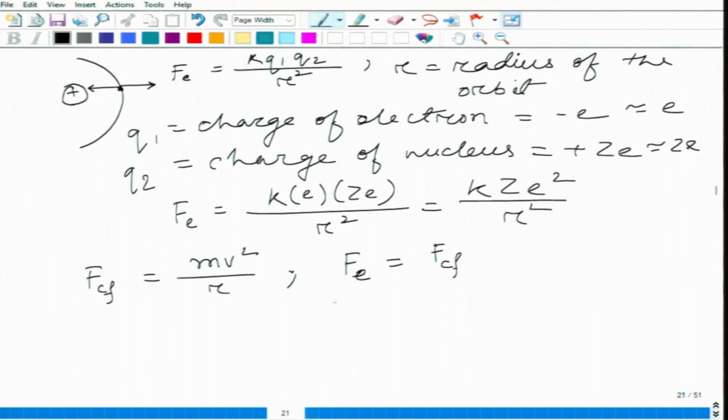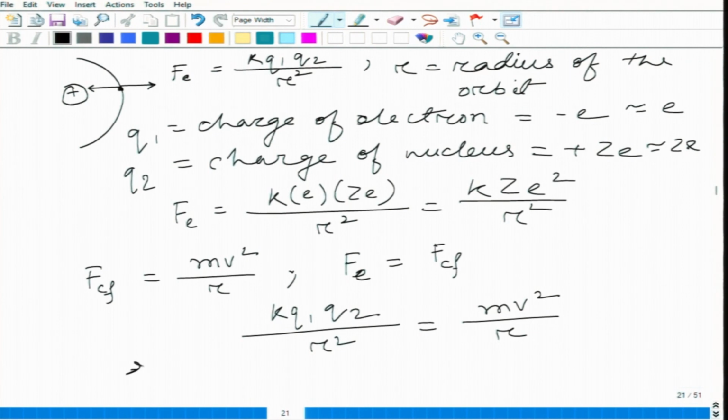Fe equal to FCF. Therefore, K Q1 Q2 by R square equal to mv square by R, or K ZE square by R square equal to mv square by R. Okay.